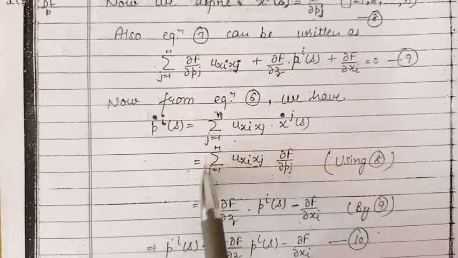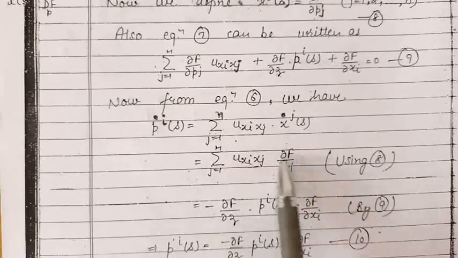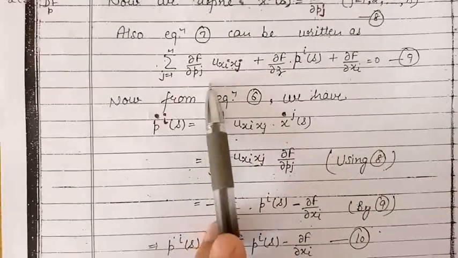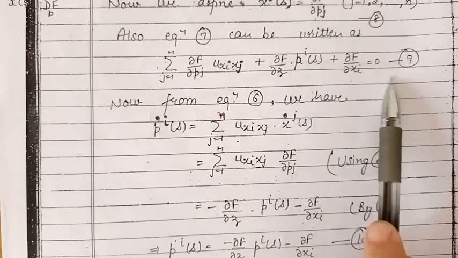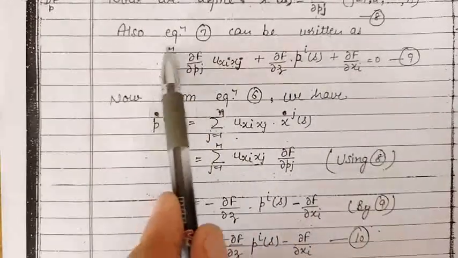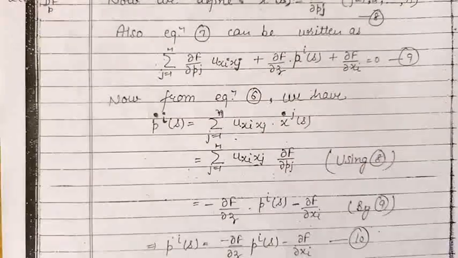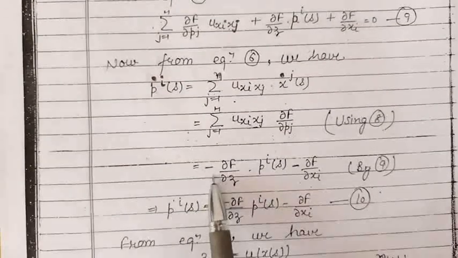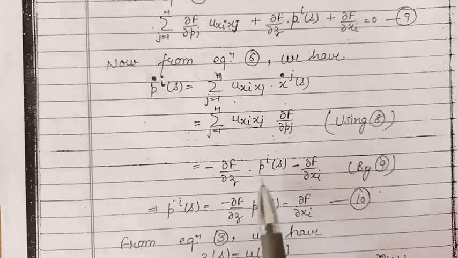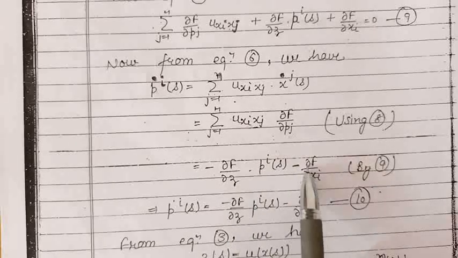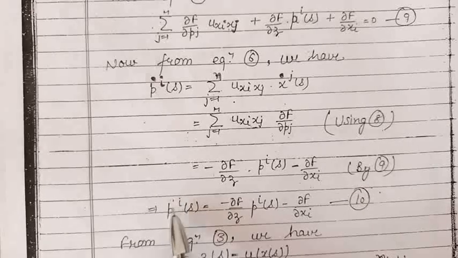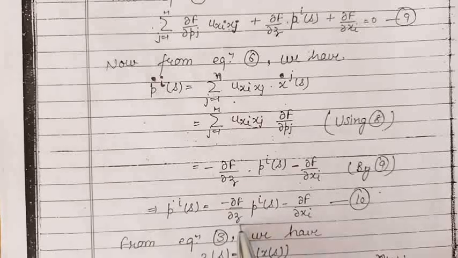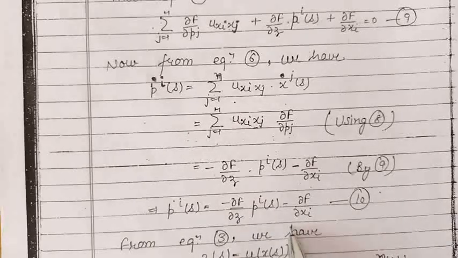Now the value of this expression we can find from the equation number 9. So from here, taking these two terms on the right side, we can obtain the value of this expression, which is given by minus curl f by curl z into pi minus curl f by curl xi. So we have obtained the derivatives of pi given by this expression.